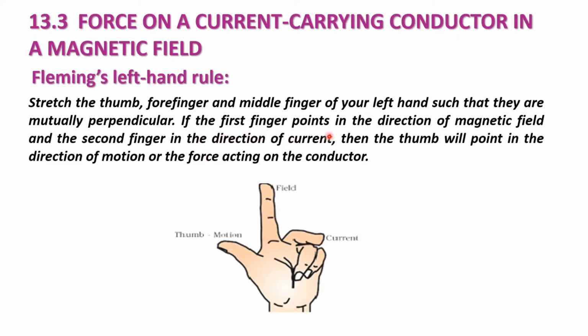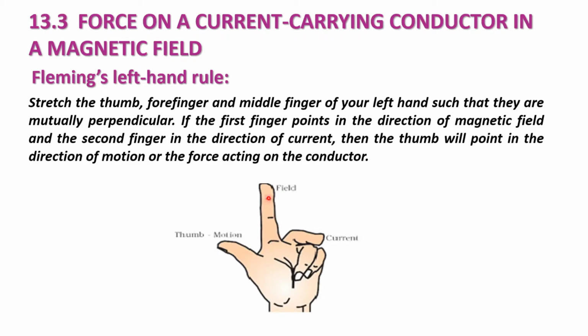If the first finger points in the direction of magnetic field and the second finger in the direction of current, then the thumb will point the direction of motion or the force acting on the conductor. Which is the first finger? Forefinger is the first finger.